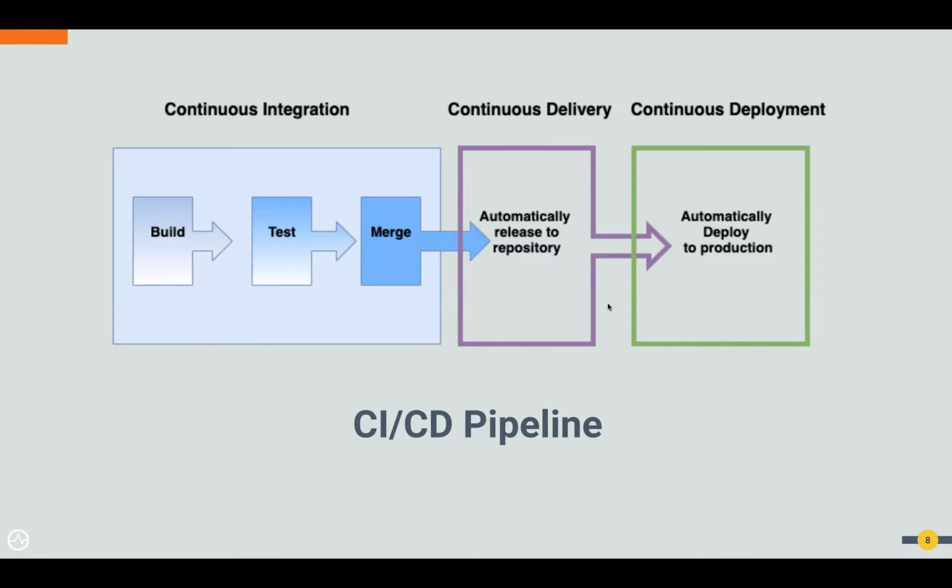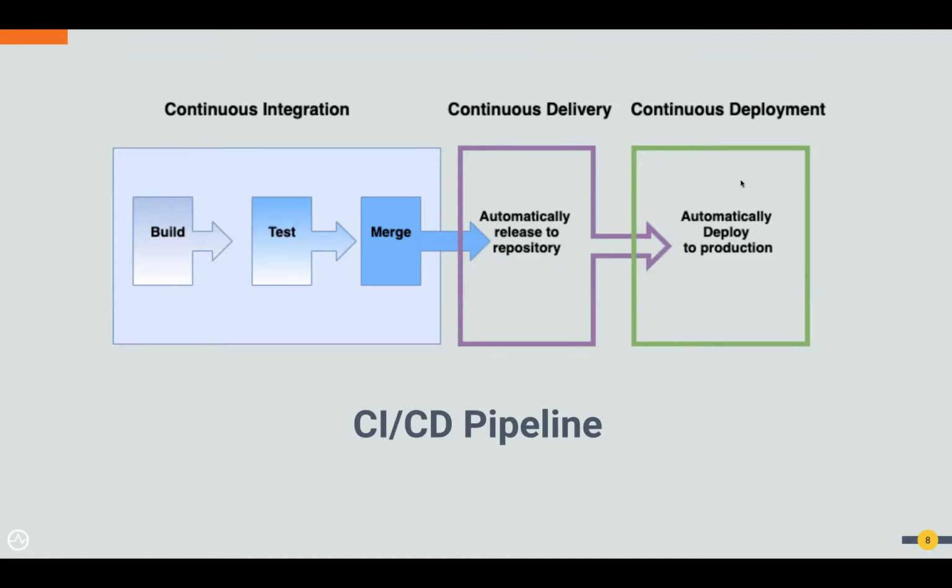The CD in CICD refers to continuous delivery and continuous deployment. Continuous delivery usually means developer changes are automatically bug tested and uploaded to a repository like GitHub. Then they can be deployed to a live production environment by the operations team.